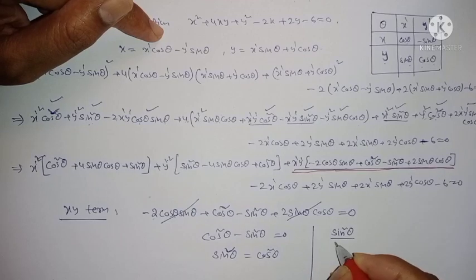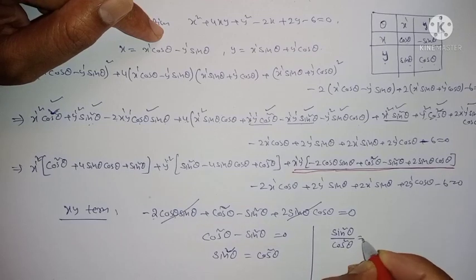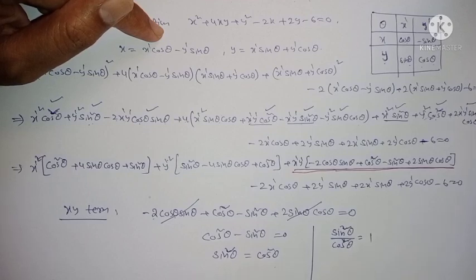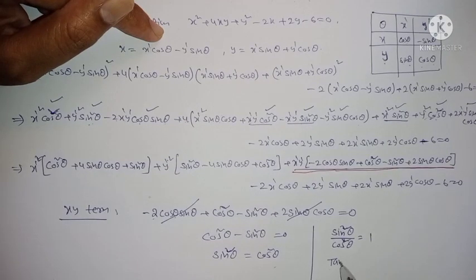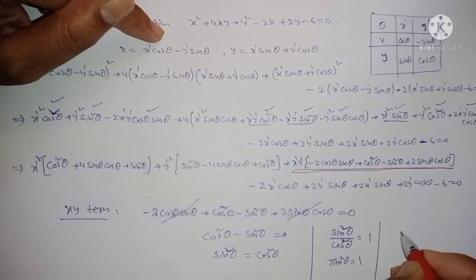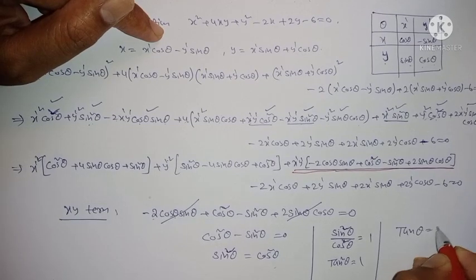This can be written as sin square theta by cos square theta is equal to 1. Therefore tan square theta is equal to 1, or I can write tan theta is equal to 1.